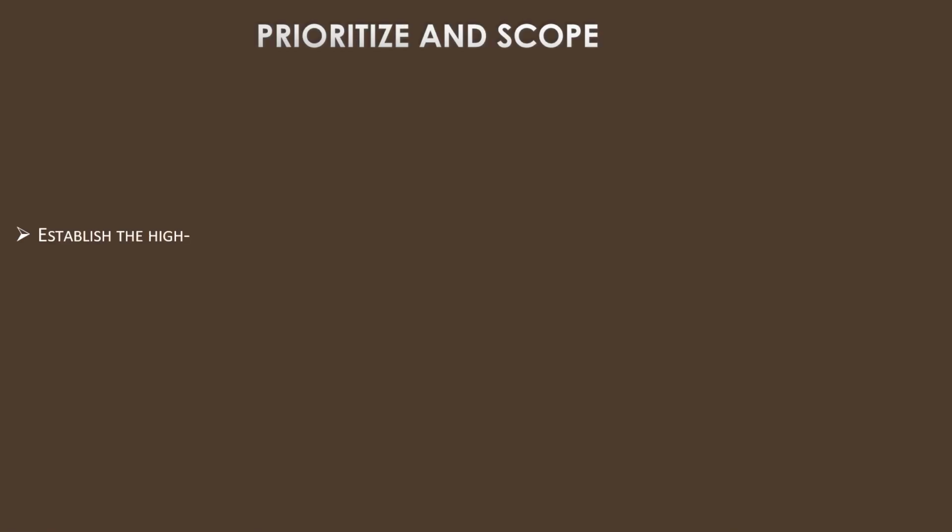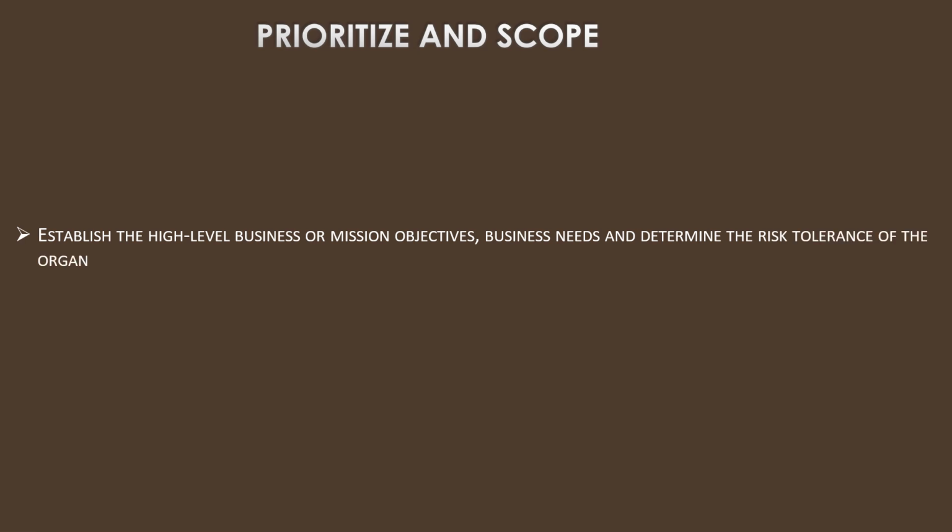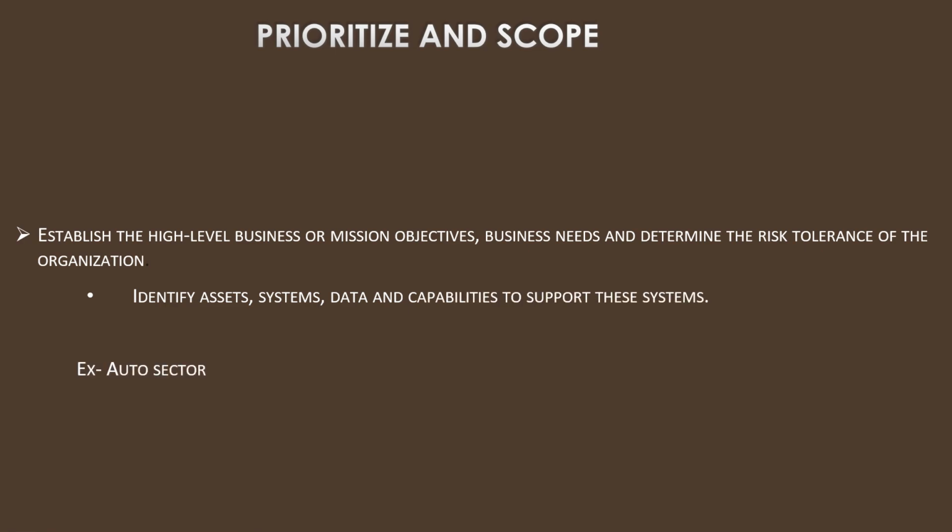Start with the scope. Establish business goals, risk tolerance, and cybersecurity priorities of your organization. It helps you define the objectives and understand the scope of the exercise. So what is scope in NIST cybersecurity?